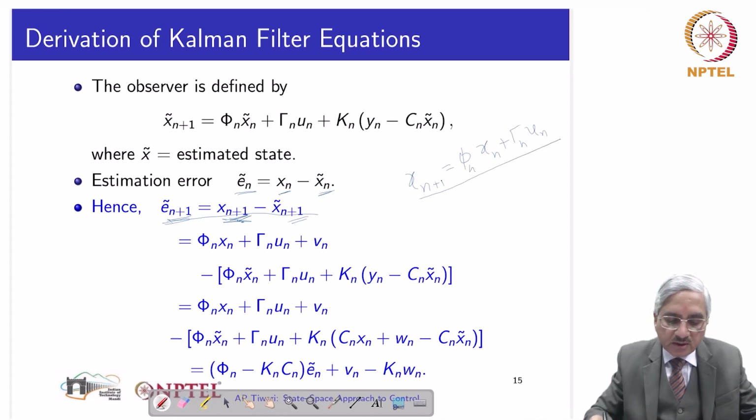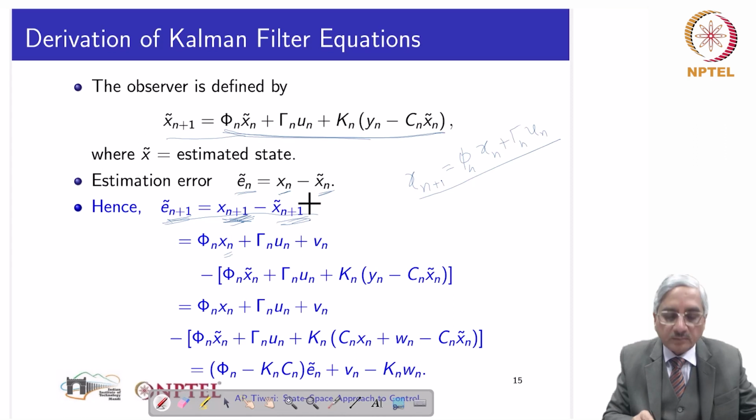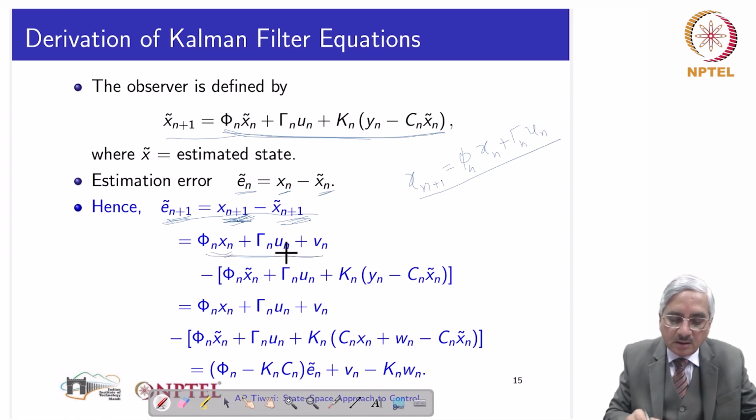So we substitute this in place of xn plus 1, and we substitute this in place of xn plus 1 tilde. So we get this in place of xn plus 1 and this whole thing in place of xn plus 1 tilde.